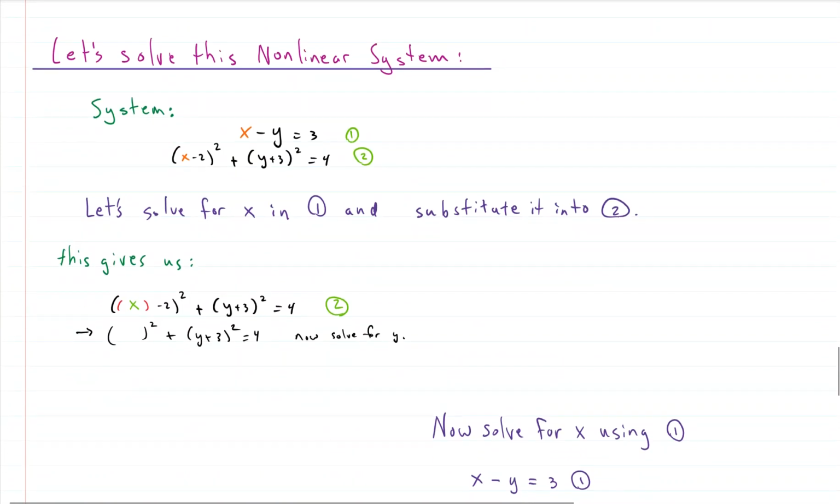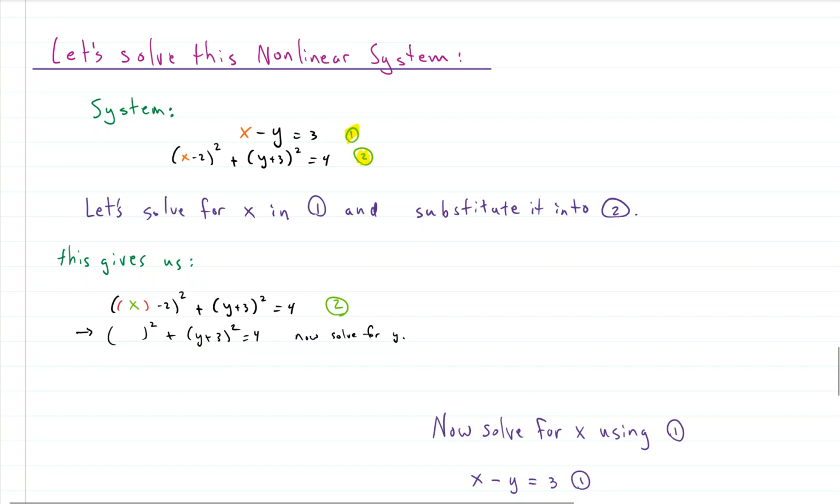So we have our system. We have equation 1. We have equation 2. And if we're looking at this, the solution techniques are going to be kind of similar to linear systems in 2 and 3 variables. We'll try to use substitution and addition.